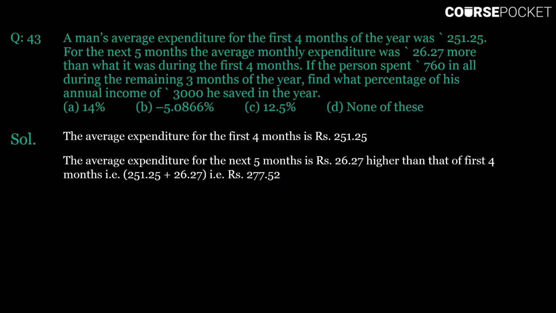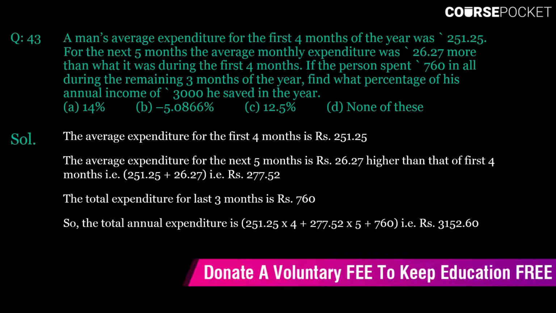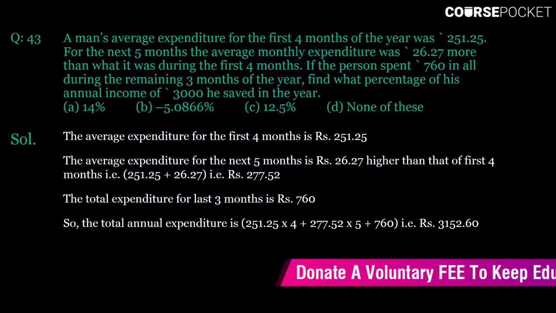Since the average expenditure for the next 5 months is rupees 26.27 higher than the first 4, the average expenditure for the next 5 months is 251.25 plus 26.27, that is 277.52, and the last 3 months the total expenditure is rupees 760.